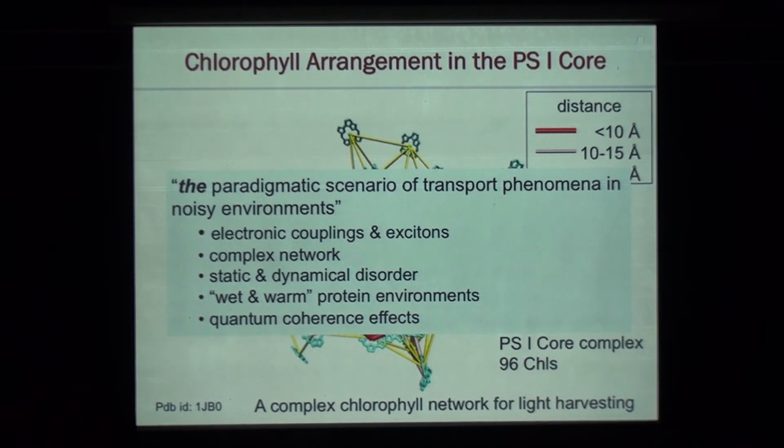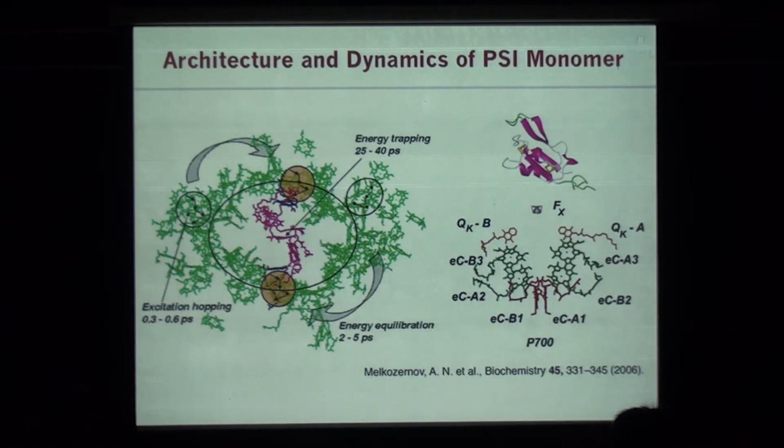This system has disorder, static disorder, dynamical disorder, and is embedded within a wet and warm protein environment. You also need to consider quantum coherence effects between these transfers. So this is a very interesting system to explore and study, to understand transport phenomena in noisy or disordered environments. This system has also been studied before.